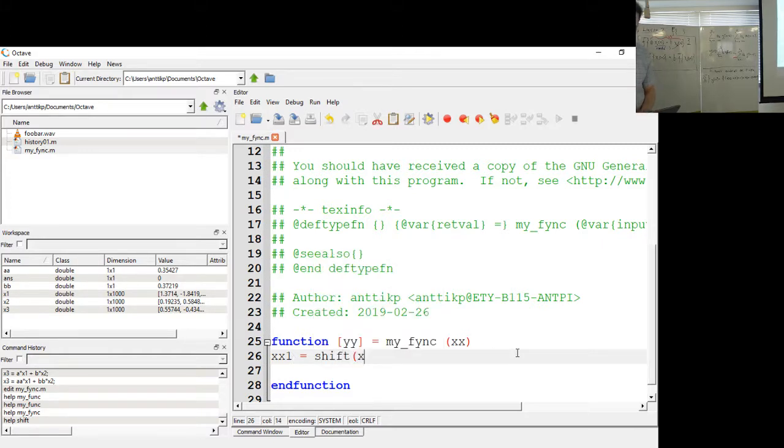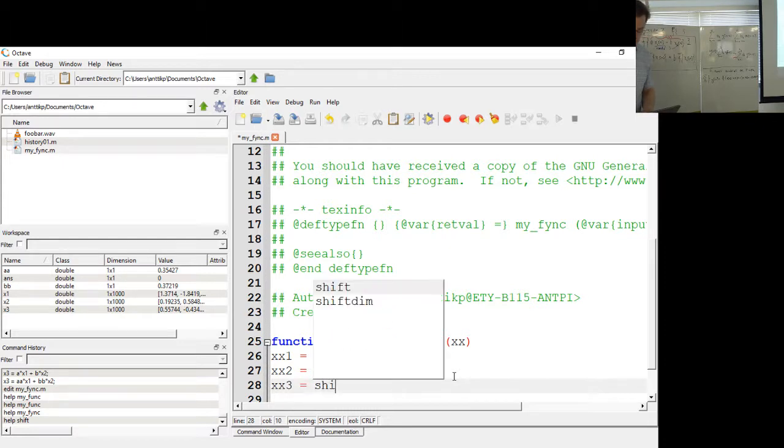Shift XX and 1. Okay. And basically then XX2 would be shift XX2 and, where did my, and still those values don't show up, not even there. I should actually change the colors.